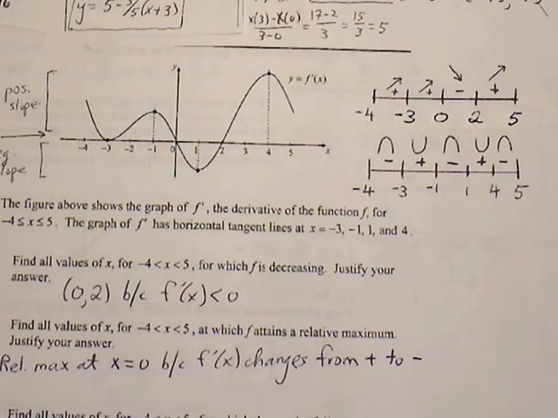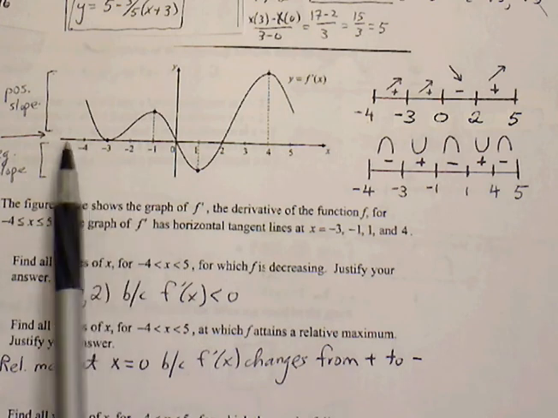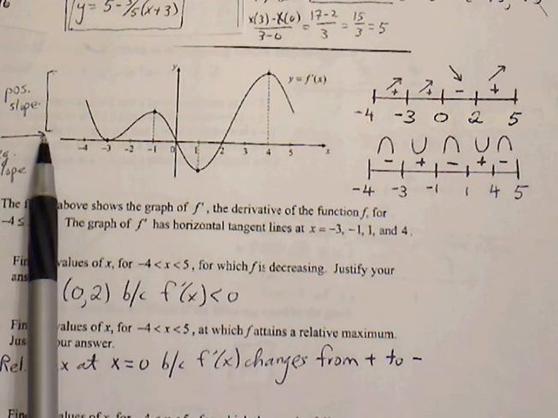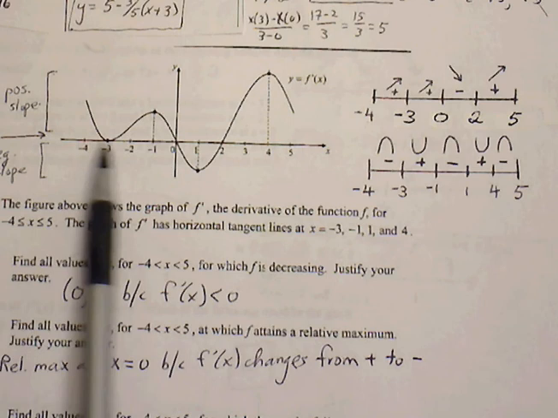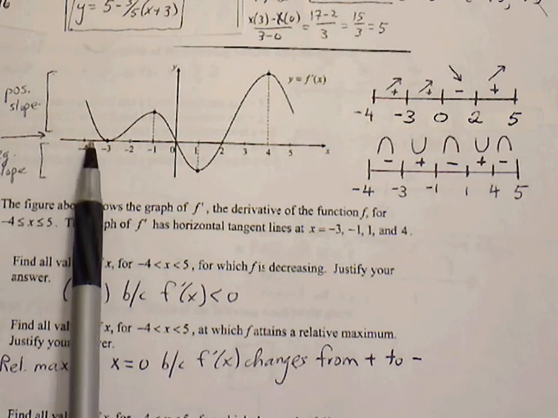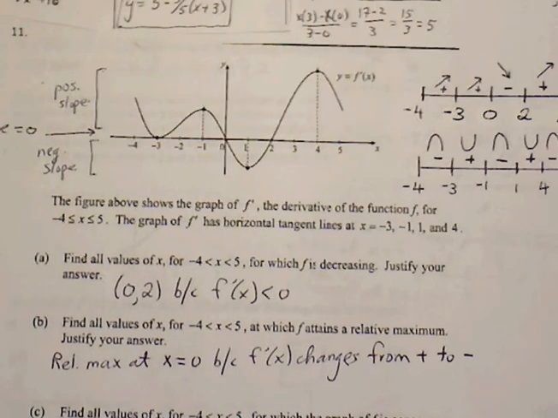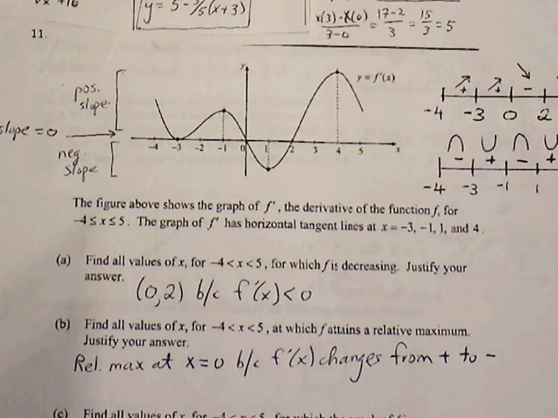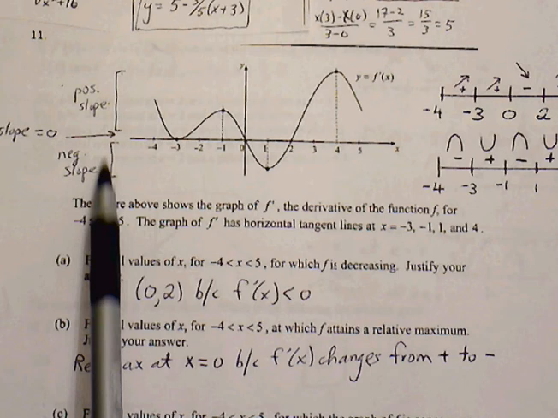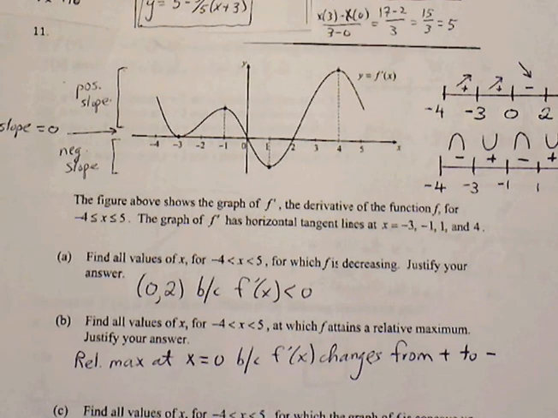Okay. So again, if you're looking at the derivative graph, you want to know what each portion represents. So anything that hits the x-axis represents where the slope is 0. Okay, remember you're looking at the f prime graph. Anything above the x-axis represents positive slope. Anything below the x-axis represents negative slope.